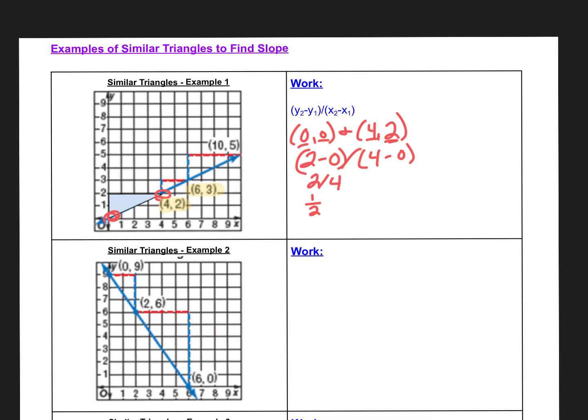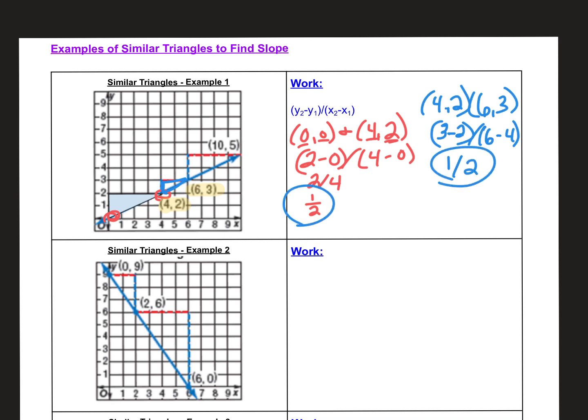So if I start out with the points 4, 2, and 6, 3 from this triangle right here, then I'm going to do 3 minus 2 over 6 minus 4. Well, 3 minus 2 is 1. 6 minus 4 is 2. I get that same slope of 1/2.